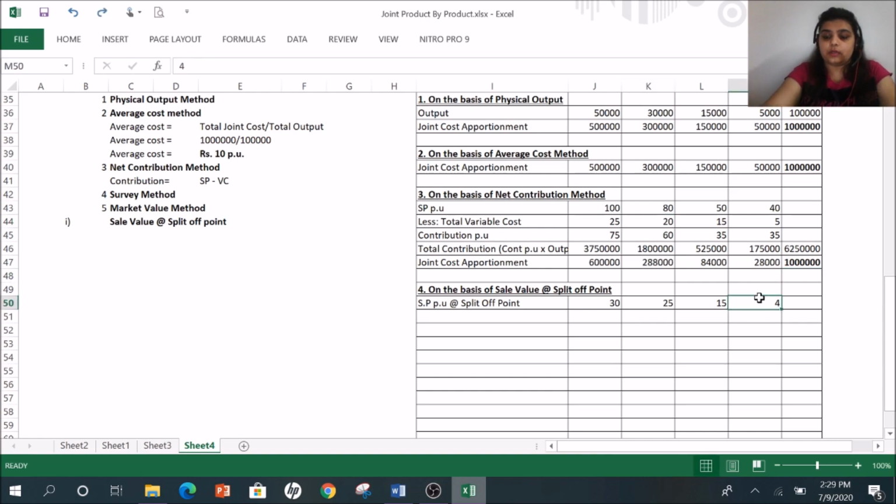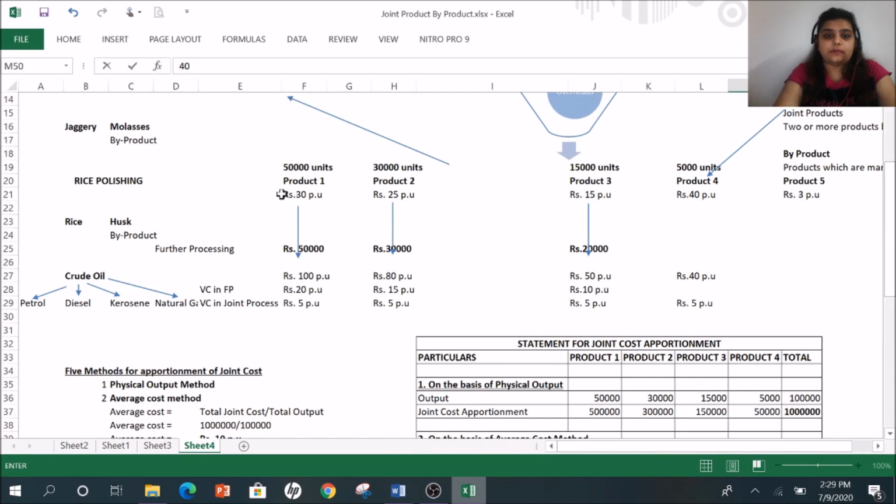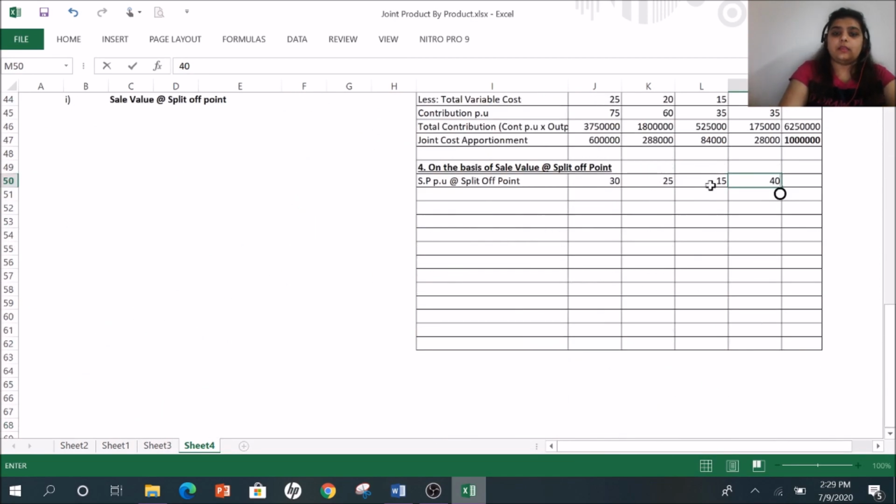Yes, 40, 15, 25 and 30. Now, what would be our total sales at split off? It would be selling price per unit into the total units, right?